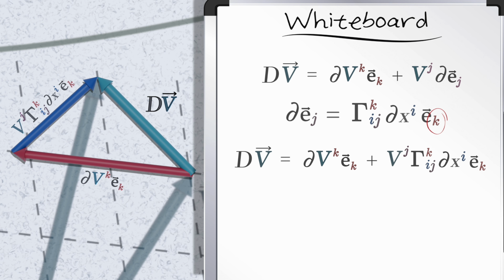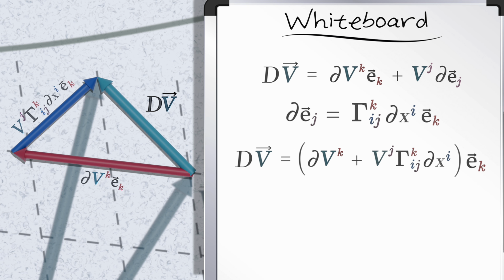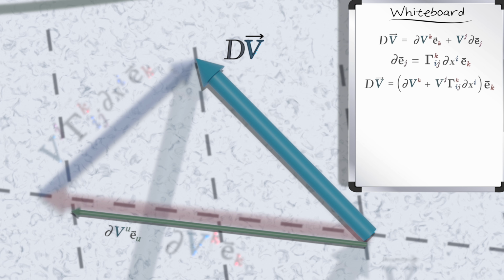Now the k here could have been any dummy index we'd have liked, but obviously we chose it so that these indices match up, which allows us to neatly factor out the ek and express our equation solely in terms of the curvilinear basis vectors eu and ev.